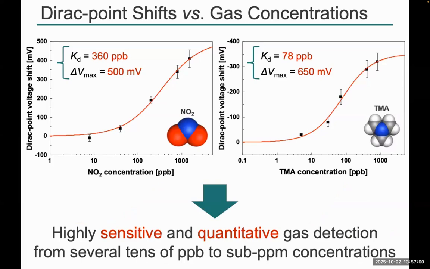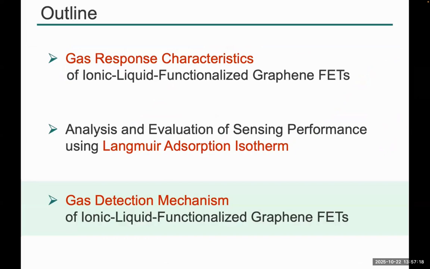From these results, Ionic-Liquid-Functionalized graphene devices can achieve highly sensitive and quantitative gas detection from several tens of parts per billion to the sub-ppm concentration region.